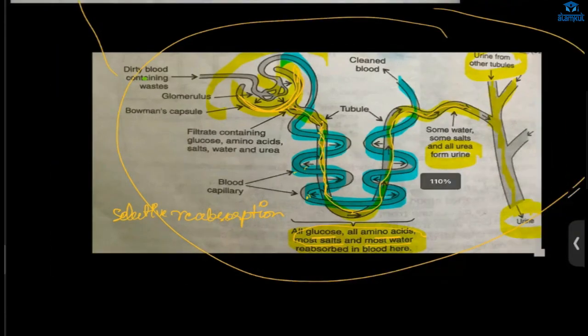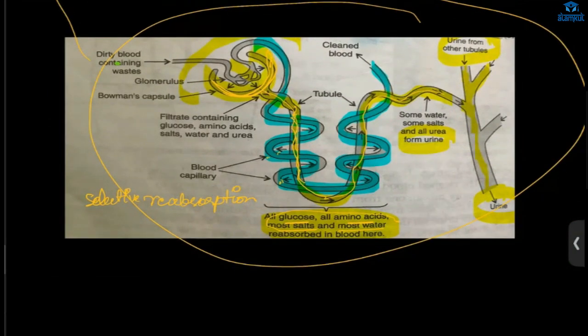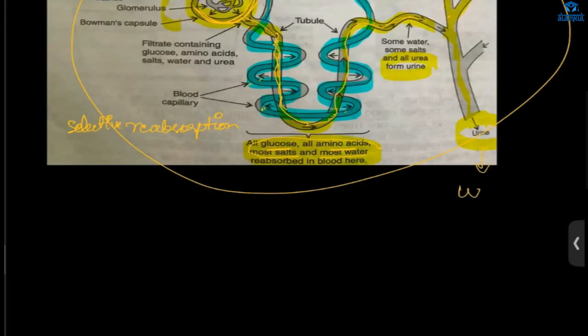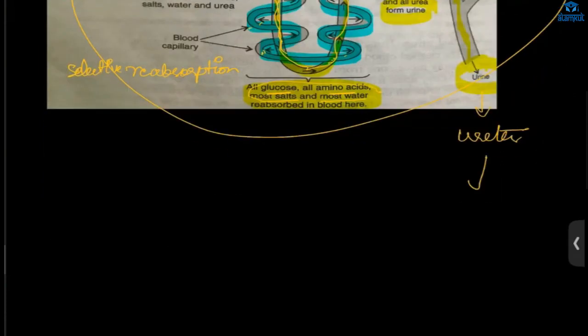Only the waste products like urea, unwanted salt and excess water remain in the tubules. The liquid left behind in the tubule is what we call urine. This urine is carried into the urine collecting duct, from there to the ureter, then to the bladder, and from the bladder to the urethra.